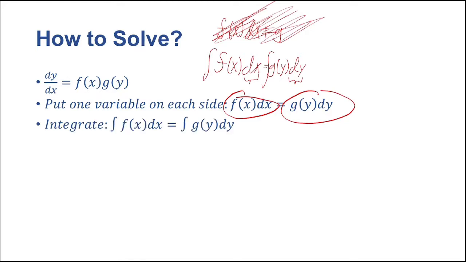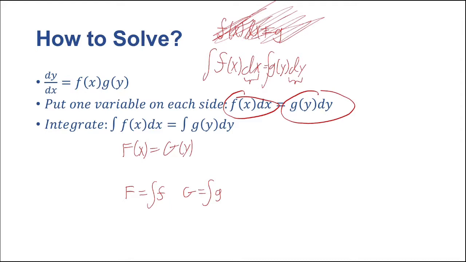So we integrate f of x dx, and then we integrate g of y dy. And from that, we're going to get some F of x equals G of y, where, of course, F equals the integral of f, and G equals the integral of g. Okay, so again, pretty abstract, pretty interesting though.